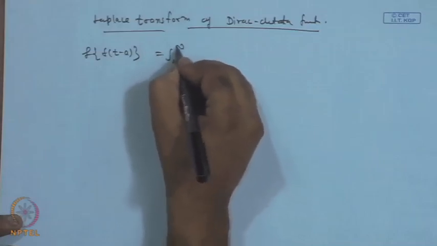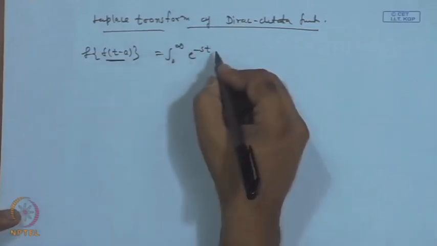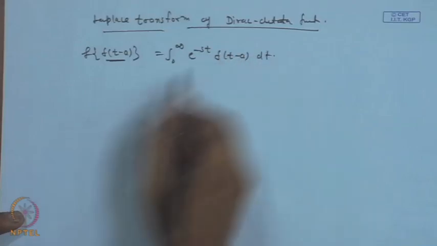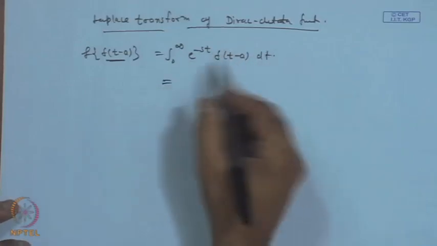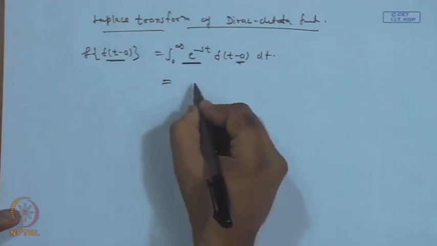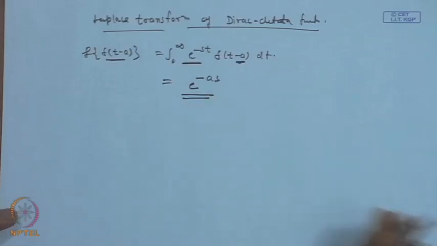So, we have the integral from 0 to infinity of e to the minus s t times delta(t minus A) dt, and in this case this will be evaluated at this A simply. So, we have e to the minus A s. This is the Laplace transform.